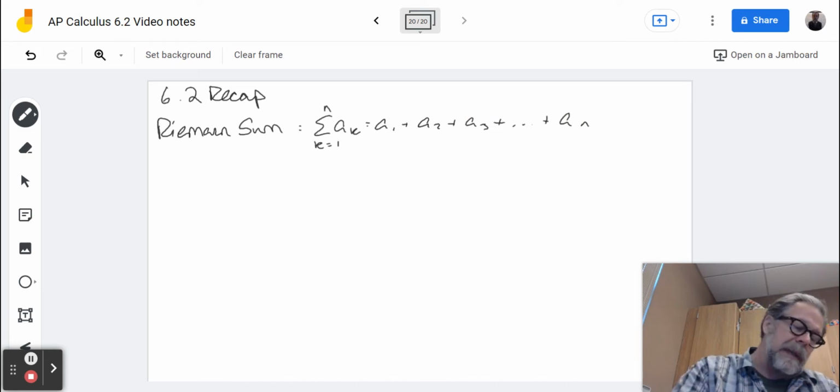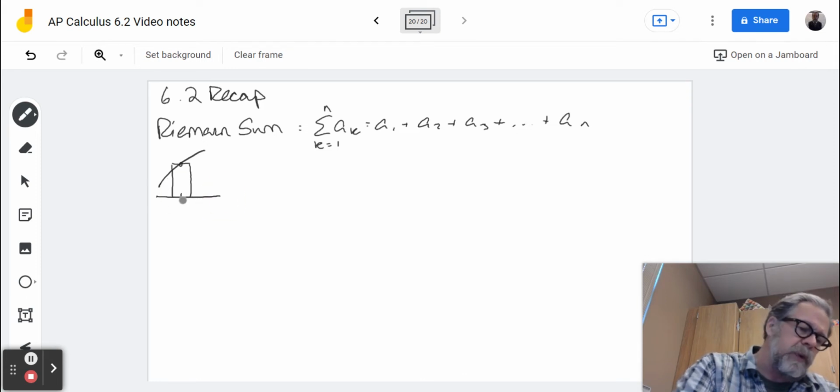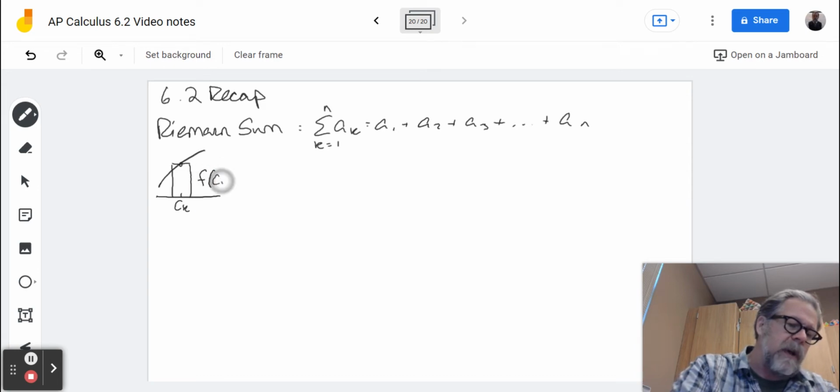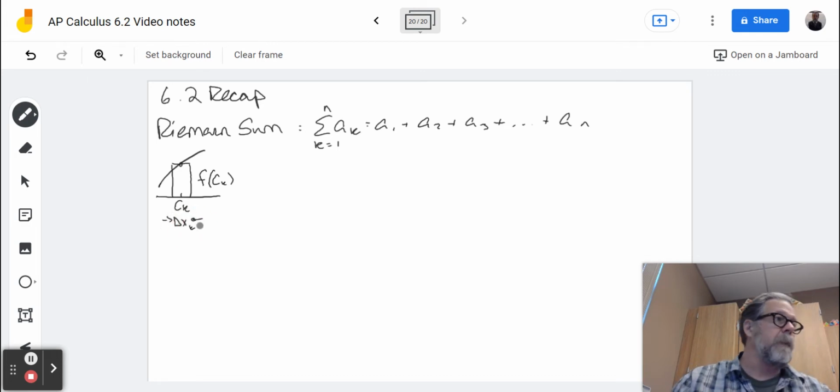And then we said, well, let's take that idea and talk about some function, and split the area underneath this function into rectangles. We'll choose some value of x, could be the middle, the left, or the right, or some random value in some cases. We notice that the height of this rectangle is f of c sub k, and the width of this rectangle will be some delta x sub k.